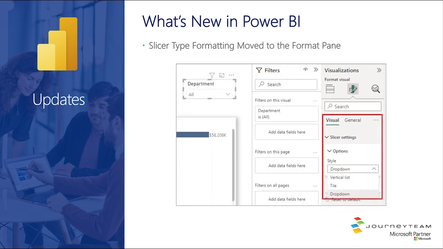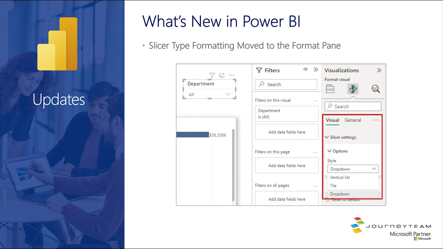The next thing I want to do is demonstrate, first of all, sorry, I jumped ahead of myself. First of all, the slicers, which we all use to filter the elements on a page. In the past, you could choose the slicer type by going to the three ellipses next to the name. But you'll notice that menu has changed.